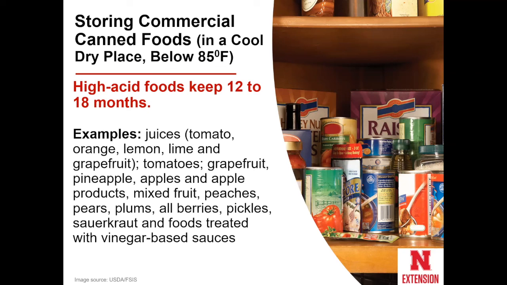And the slide will give examples of foods that have a high acidity content. So things like tomato juice, orange juice, tomatoes, some fruits, pickled items. Generally, you want to make sure that you're using those products within 18 months.